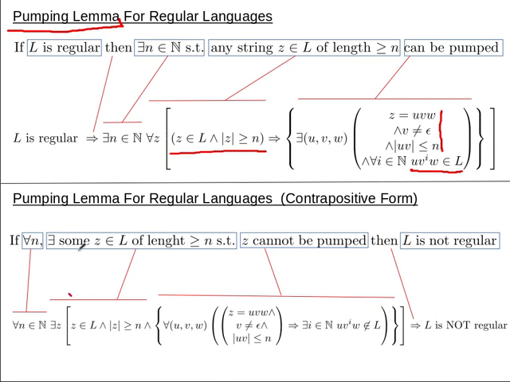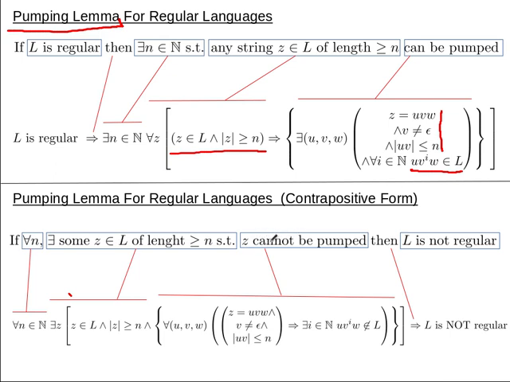So for all n, this part should fail. What does that mean? If you take some string with this constraint, then this part must fail. So for all n, there exists at least some string of length greater than n such that this string cannot be pumped.